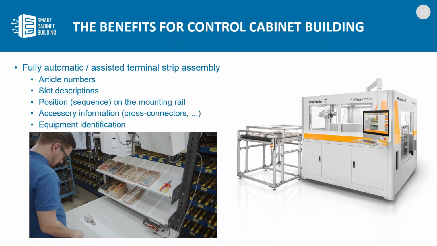On those mounting rails, other components can be plugged, and for your high runner products, you can use some robots or machines like the rail assembler, and there you can automatically place all the products on your terminal rails.